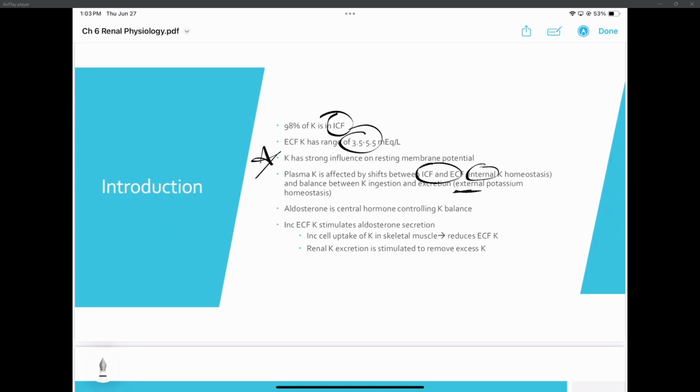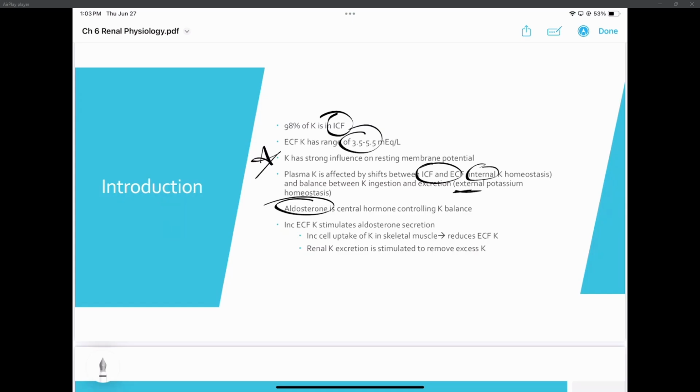And that's external potassium balance, or homeostasis. Aldosterone is the key hormone controlling potassium balance. And remember, where does aldosterone have its effect in the nephron? Common collecting duct, right at the end. Late distal tubule going into the collecting duct is where aldosterone has its effects.